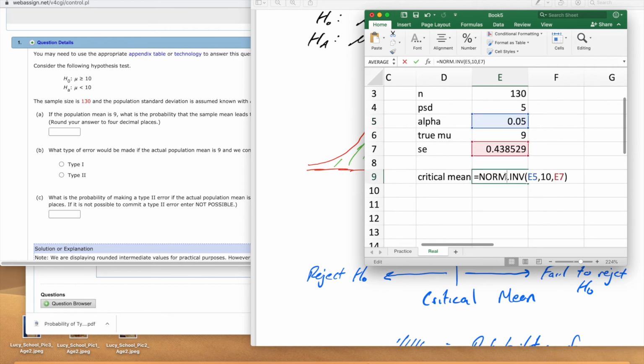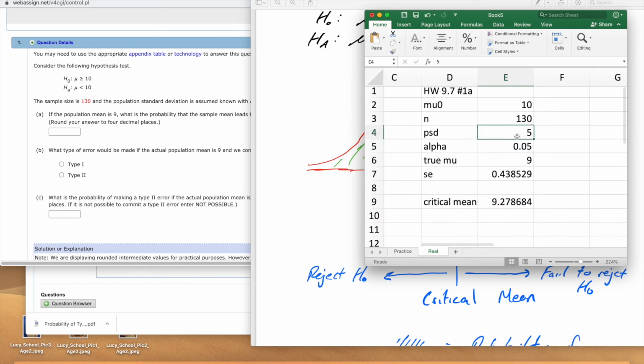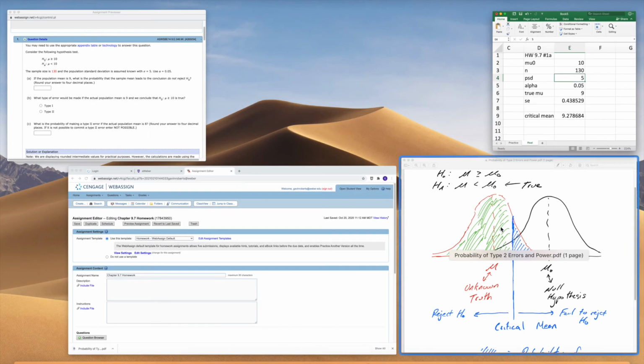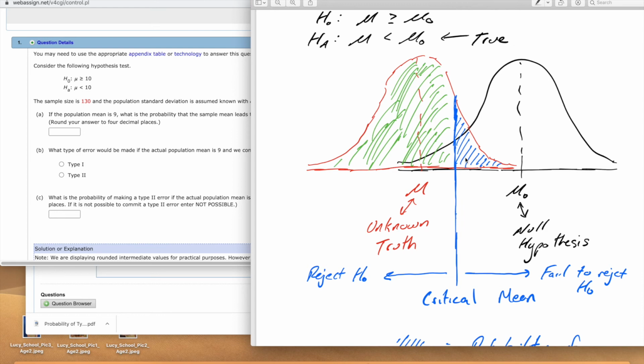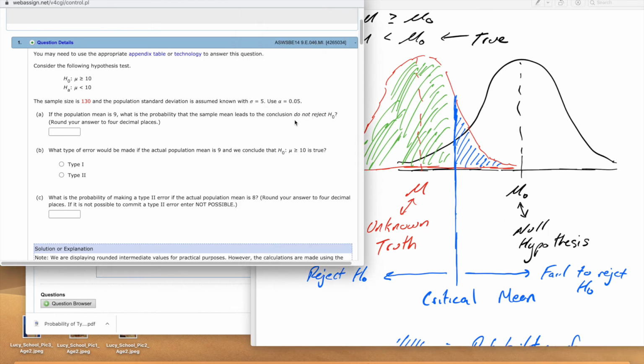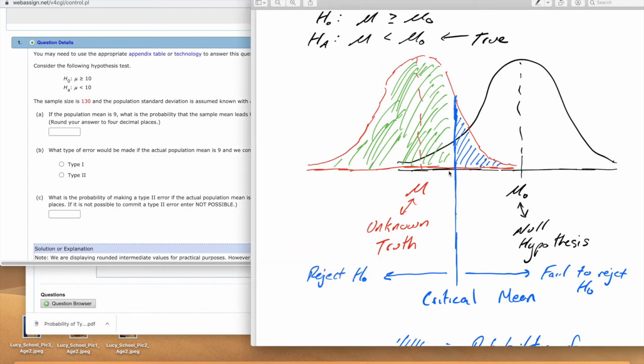Why did I use norm, by the way? Because this problem told us the population standard deviation. So I've figured out the critical mean. Now I have to figure out the blue area. That's the answer to this question, because if we land in the blue area, we will conclude do not reject H0. So we need to figure out the probability in the blue area.